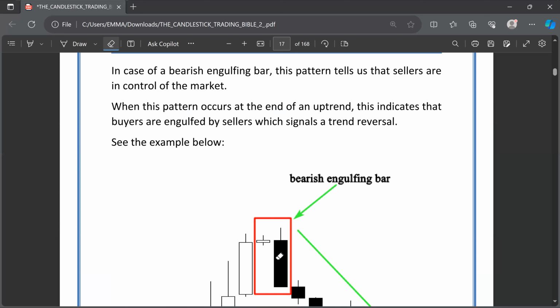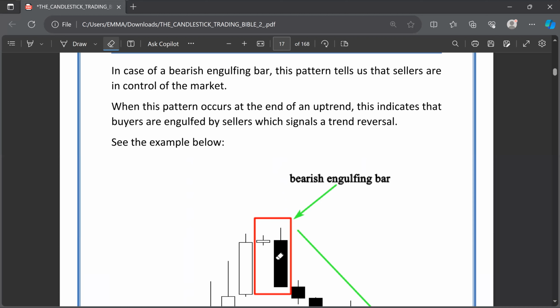So this is what you have to get in your mind. This is a higher selling pressure here because it is a bigger candlestick as compared to the first candlestick, the previous one. So I hope that is understood.